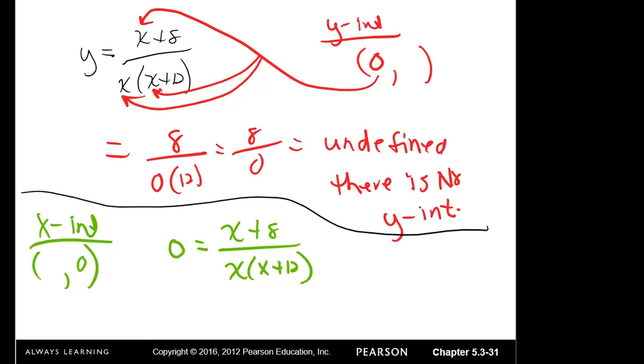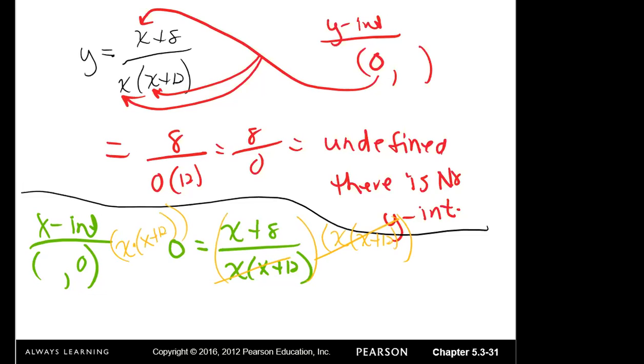So the first thing I am going to do is clear out the denominator. I'm going to have to multiply both sides by the denominator of an x times an x plus 12 so that this cancels that. But what you do to one side, you got to do to the other. So I have to multiply the other side by an x times an x plus 12.